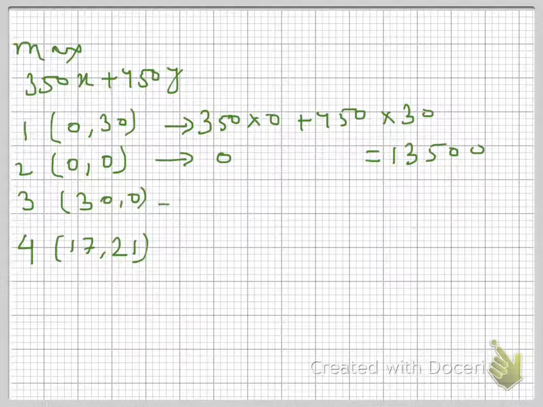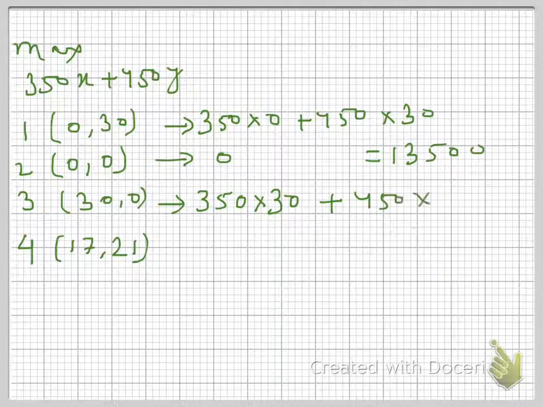For 30, 0, if you are producing 30 units of product A per day, then you get the profit of 350 into 30 plus nothing of product B, so 450 into 0. This gives you 10,500 rupees per day as the profit.